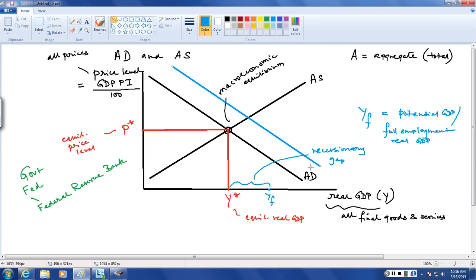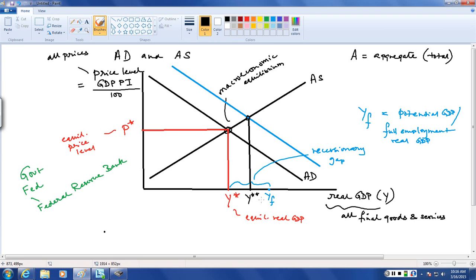And when the curve shifts to the right like that, we end up with a new equilibrium. And where is that new equilibrium going to be? The intersection of the new AD curve and the AS curve. This, of course, translates to a new level of equilibrium real GDP, which I'm going to call Y double star.